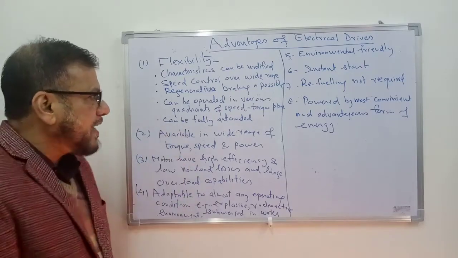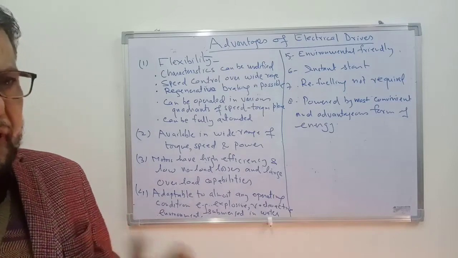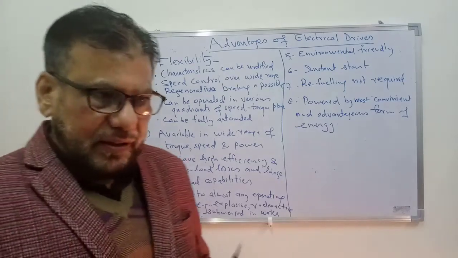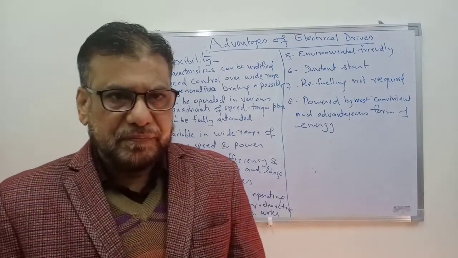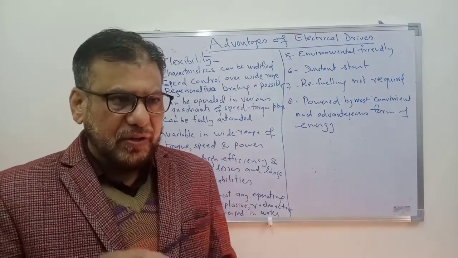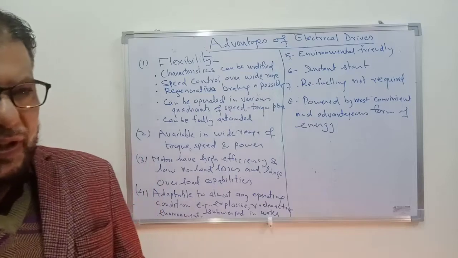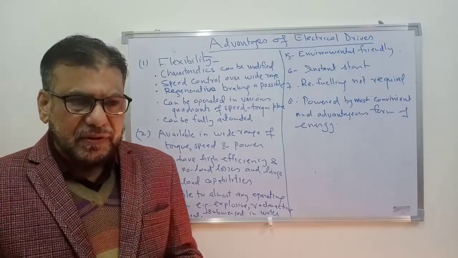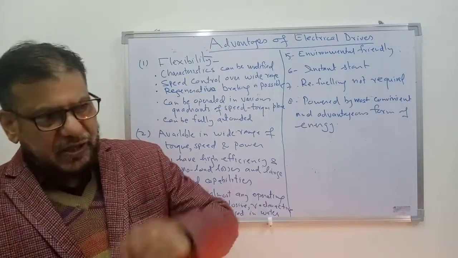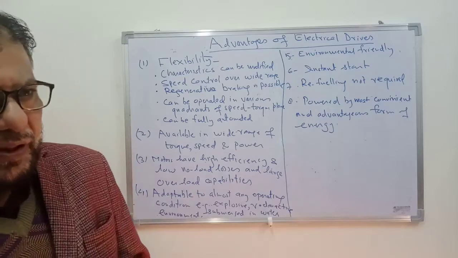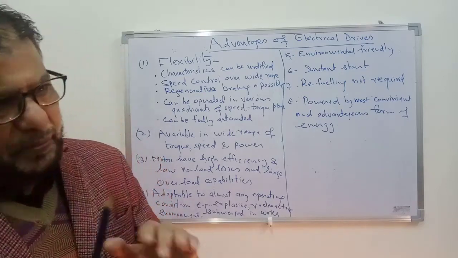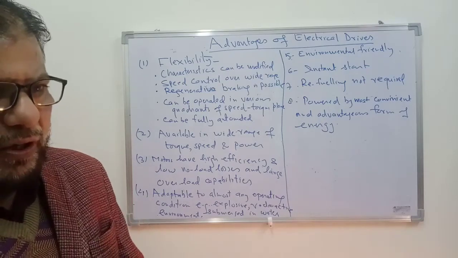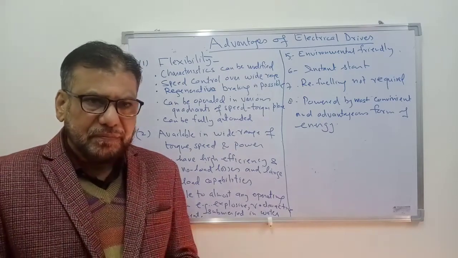And it can be operated in various quadrants of the speed torque plane. That is, speed can be positive, torque can be positive. That we call as forward motoring mode. Speed can be negative in the opposite direction and torque is also negative. It is known as reverse motoring mode. Speed is positive forward but the torque is opposing.